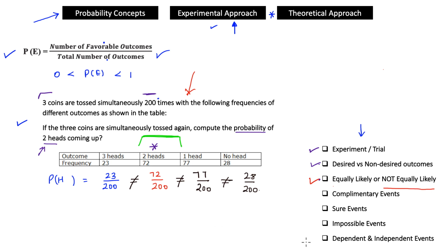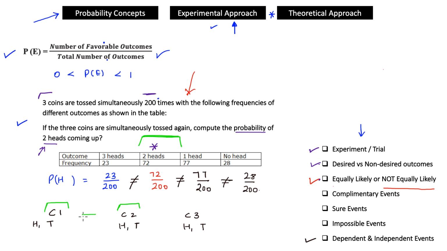So now let's talk about the next definition, which is dependent versus independent events. Well, in this experiment, you see that there are 3 coins, coin 1, coin 2, and coin 3. Each one of those could result in either a head or a tail, right? There are only 2 possible outcomes for each coin. But you see that whatever happens to coin 1, whether it results in a head or a tail, it has no bearing on coin 2.